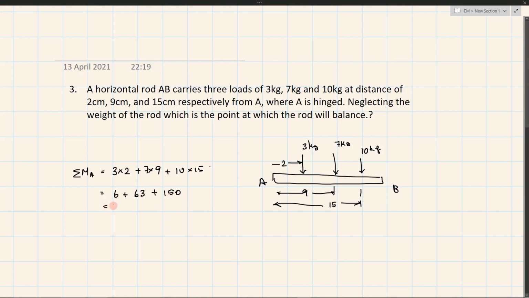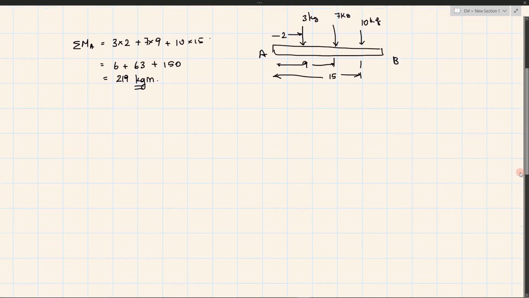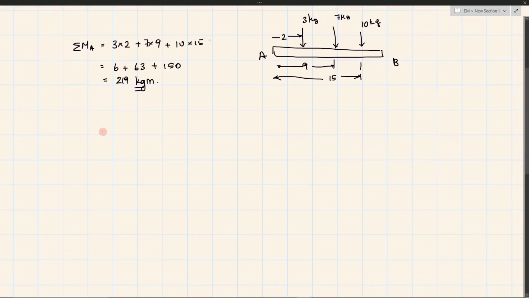So this is nothing but 219 kg meter. Mind that this is in kg, not in Newton. To balance this, I'll have to have another force downwards in the opposite direction, of magnitude 3 plus 7 plus 10, that is 20 kilogram.